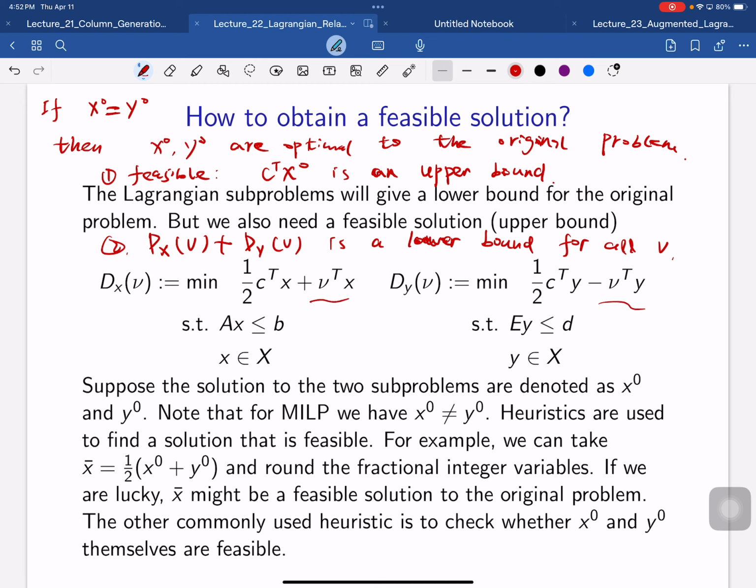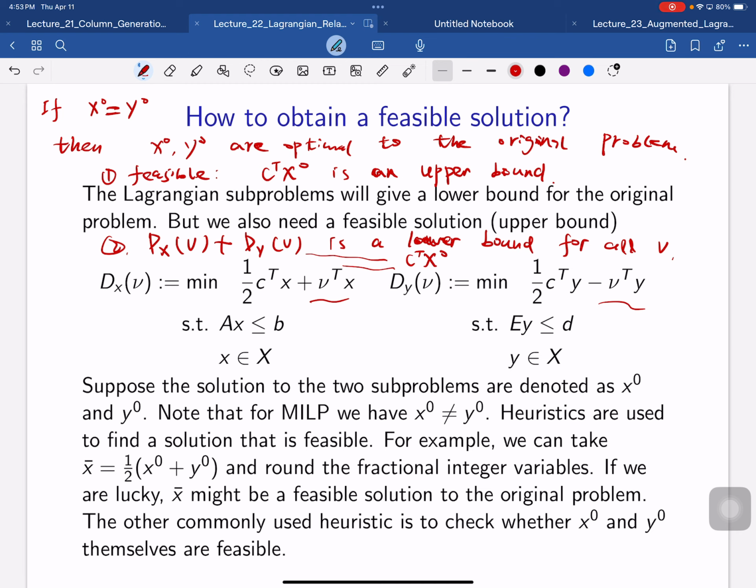And then they are equal, so if you add them up, they are nothing but C transpose x naught. So we know that C transpose x naught is a feasible solution and it is also a lower bound. That certifies that C transpose x naught is the optimal solution to the original problem.